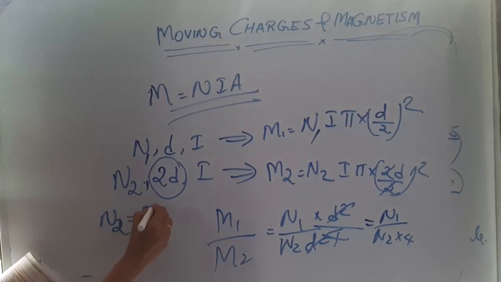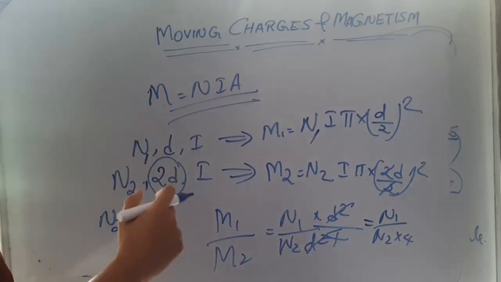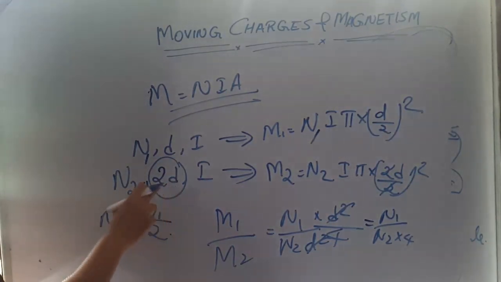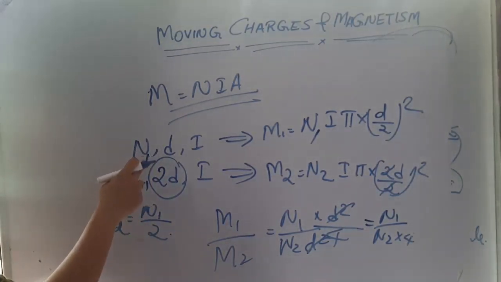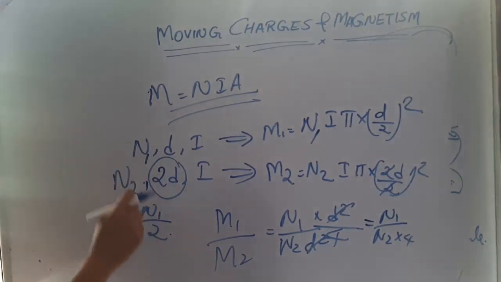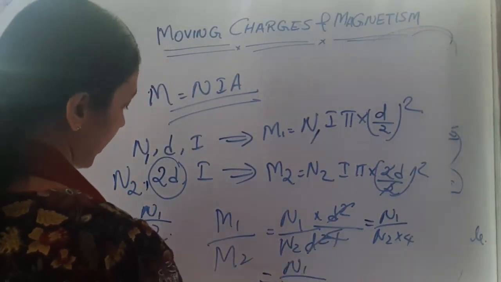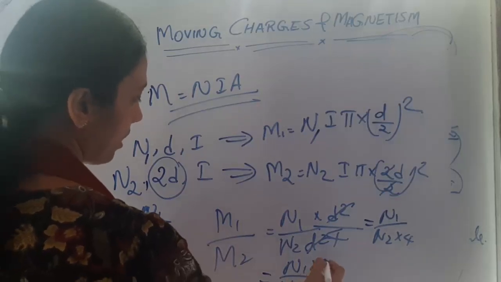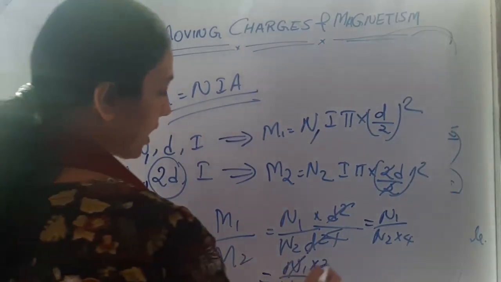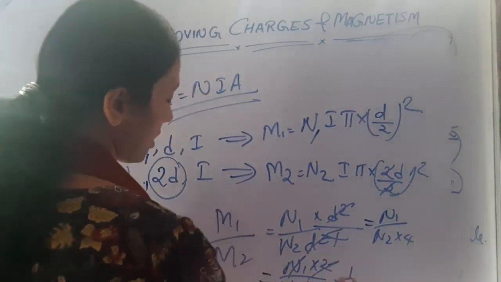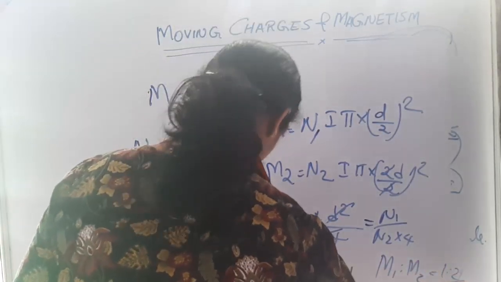N2 will be equal to half of N1, because if the diameter is increasing, the number of turns will be decreasing. So we can substitute that value: N1 divided by N1 by 2, into 4. N1 will get cancelled. So M1 is to M2 is equal to 1 is to 2.